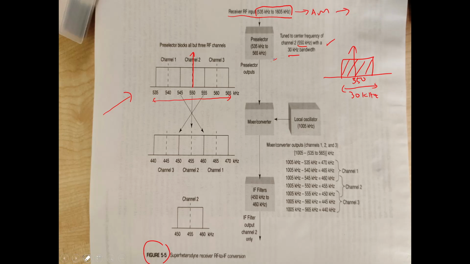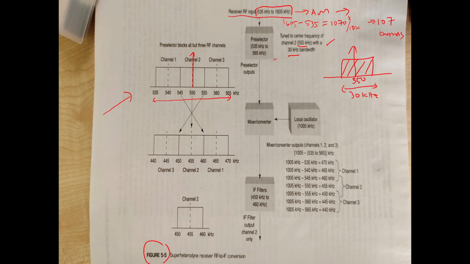So if one channel is 10 kilohertz, I take 1605 minus 535 and I get 1070 kilohertz. If I divide by 10 kilohertz for one channel, I get 107 channels.